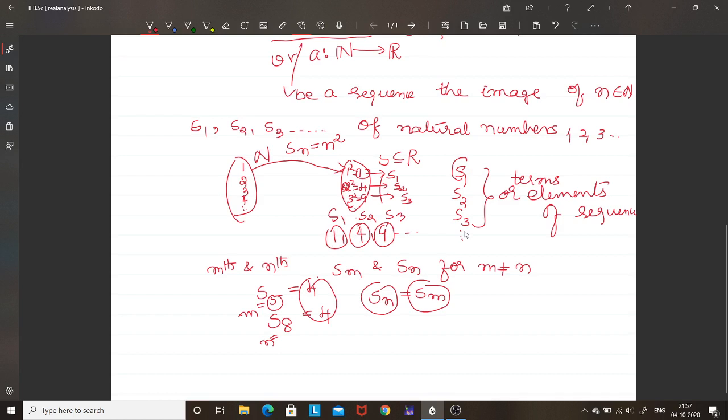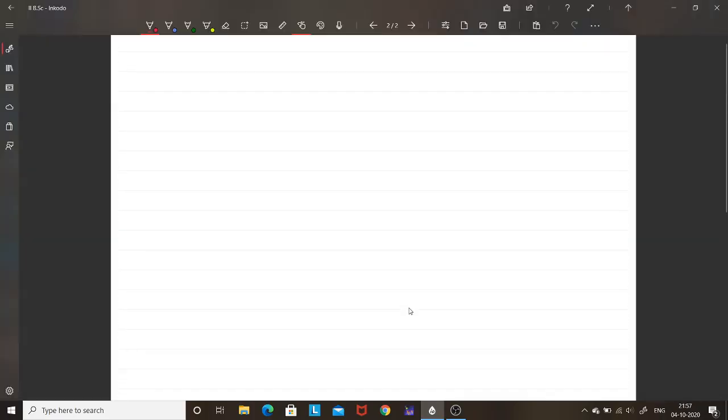Let me see the examples of sequences. Sn is equal to, we represent a sequence by curly brackets, minus 1 to the power n.